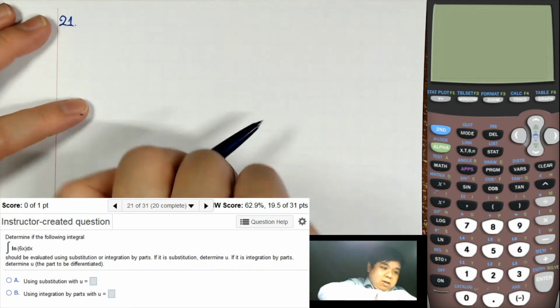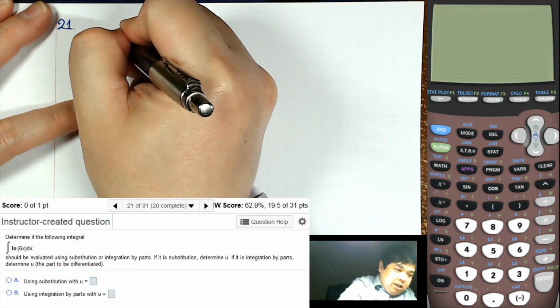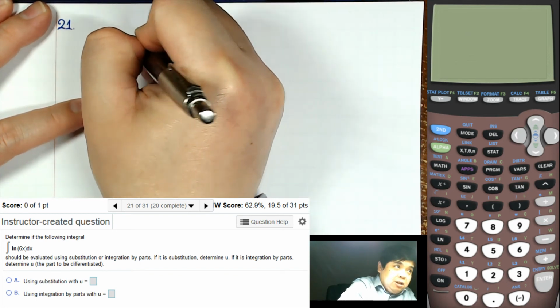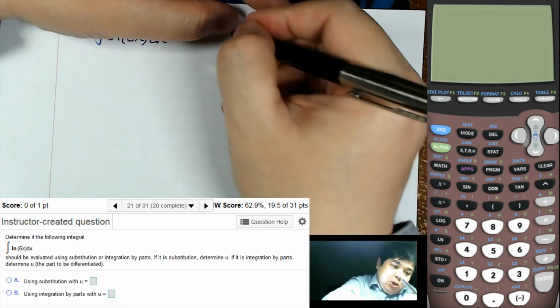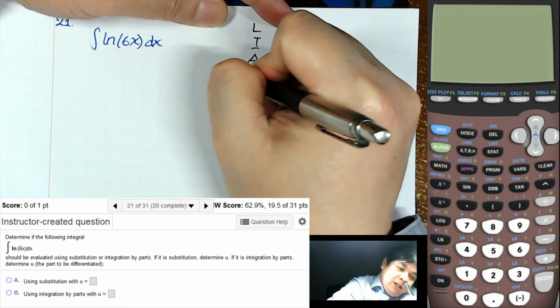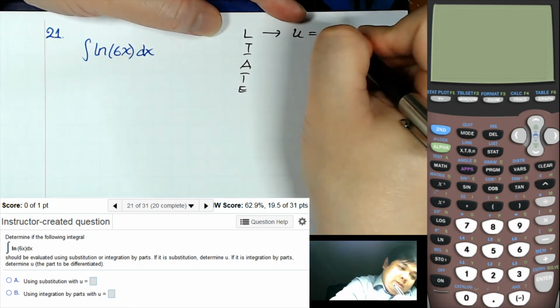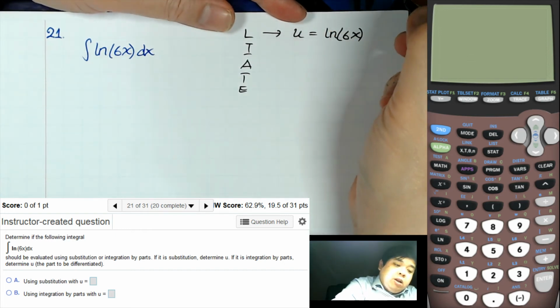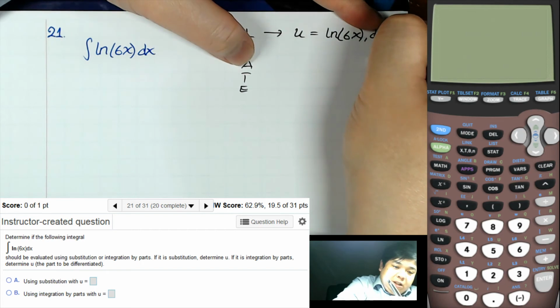Pretty much the same thing: the integral of ln of 6x dx. So with LIATE, there's a log, so u will be equal to ln of 6x, and there's nothing left, so dv is dx.